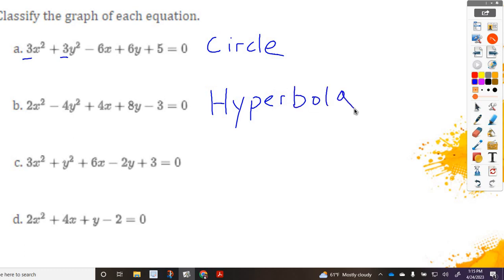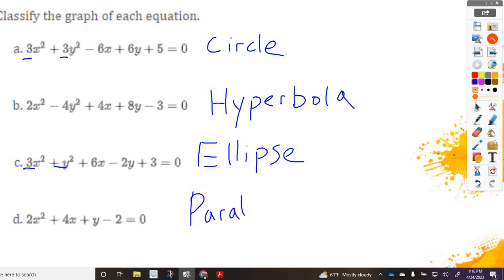What about the next one? It's an ellipse. They're both squared, and it's addition, but they have different leading coefficients. And then our last one, it's a parabola, because our y is not being squared.